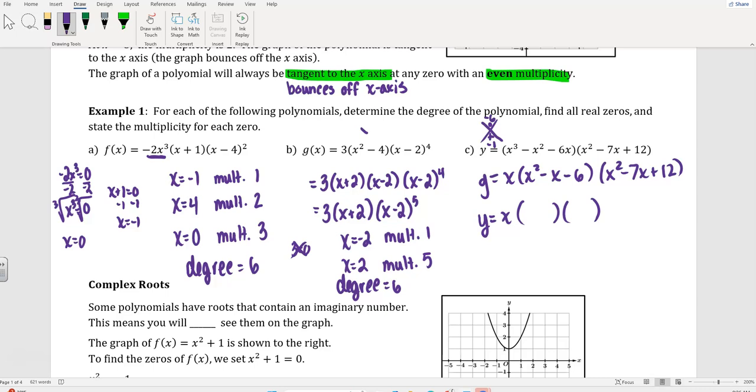I'd rather you be right. So we're looking for numbers that multiply to give us -6, but add to give us -1. -3, +2, right? Multiply to give us -6, add together to give us -1. So we'll have x minus 3, x plus 2. That's how we'll factor that first one.